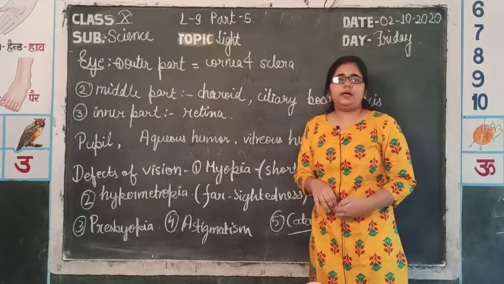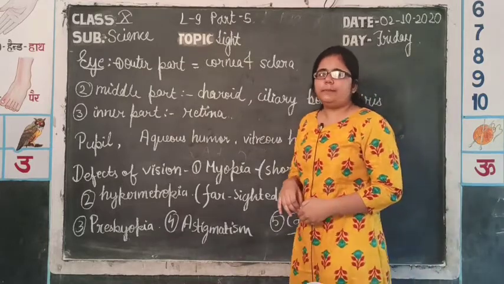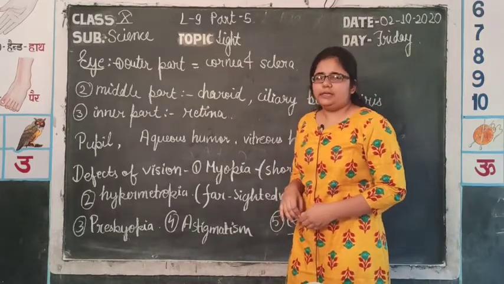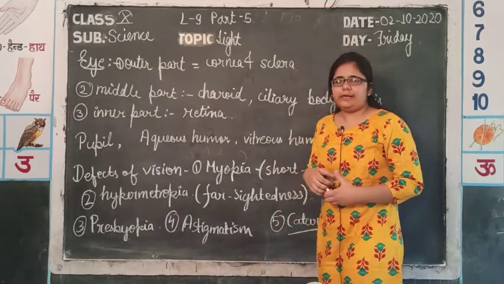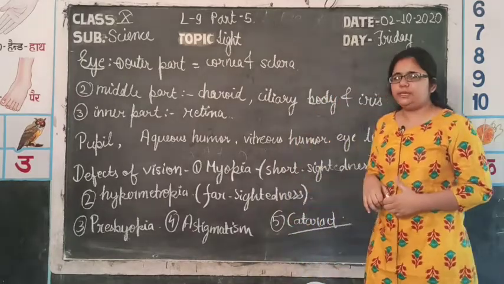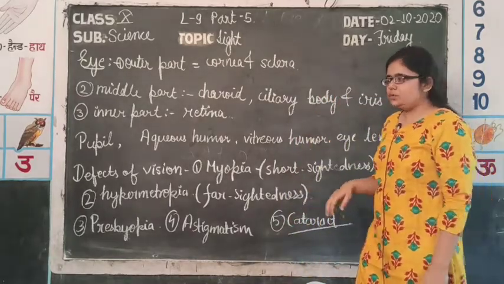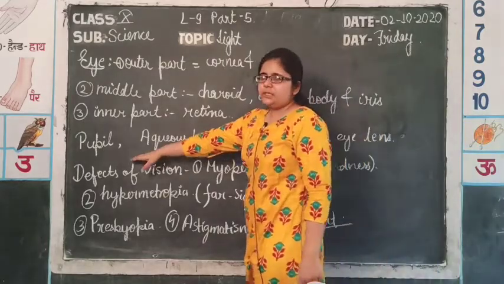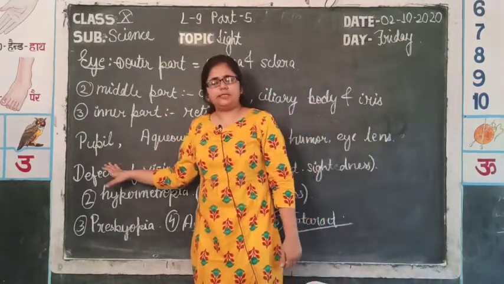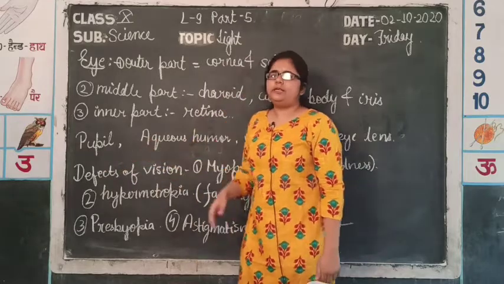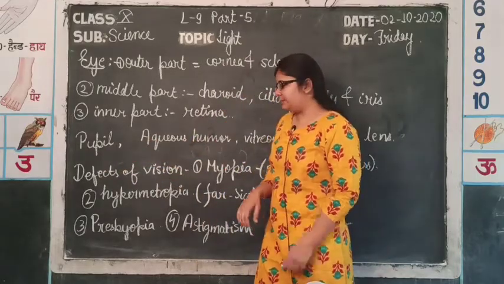But when you are in a dark room with dim light, the pupil will dilate so that more light, which we need to see properly, will come to our eye. So, the pupil dilates or constricts according to the intensity of light present in the surroundings.